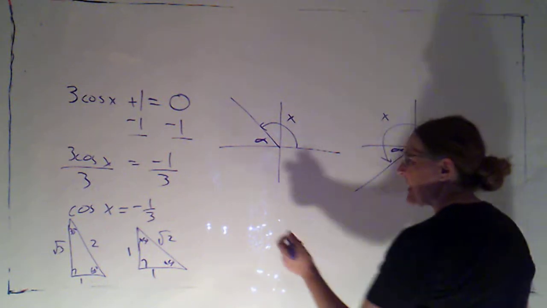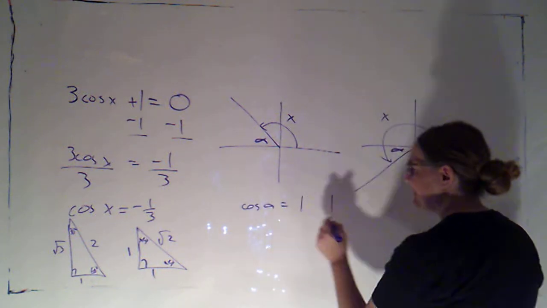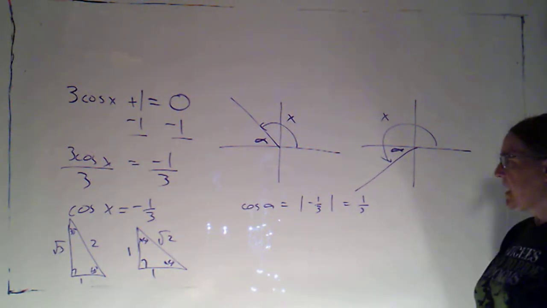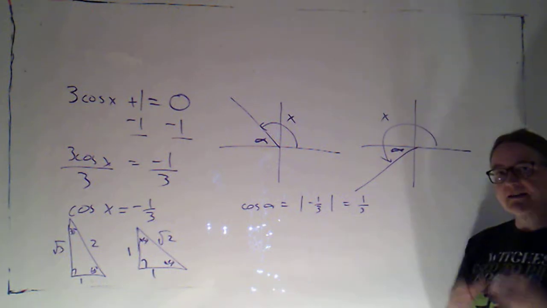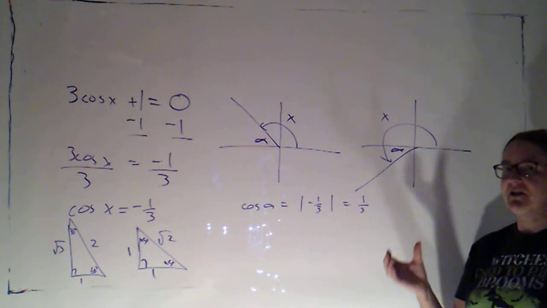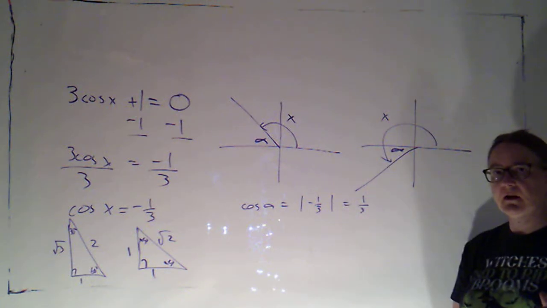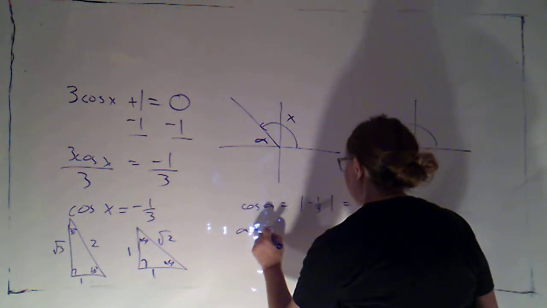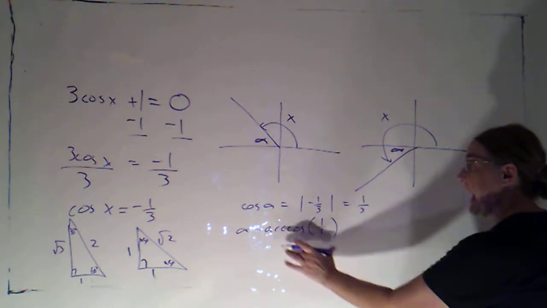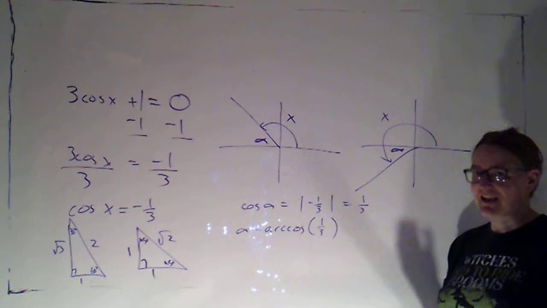So what I know about alpha is that cosine of alpha is the absolute value of -1/3, which would be 1/3. But I also know that alpha is an acute angle because the reference angle is always a positive acute angle. So alpha is the acute angle whose cosine is 1/3. I know what that angle is. It's arc cosine of 1/3. So I'm going to have to describe it using inverse trig, but I can do that.